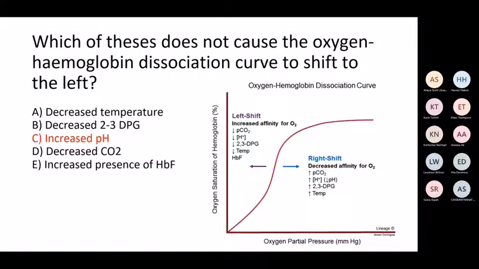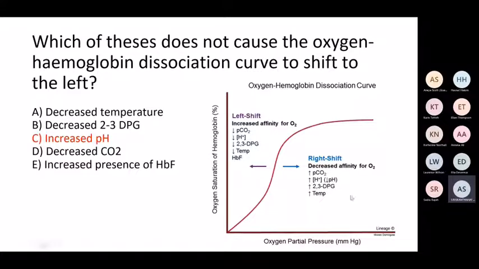So the question's asking what does not cause it to shift to the left. So it means what's causing the right shift. I did this on purpose just to make sure people are reading the questions carefully, because I'm one of those people who doesn't read the question carefully and gets it wrong. So things that cause the left shift are a decrease in temperature, a decrease in 2,3-DPG, a decrease in CO2, and an increased presence of your fetal hemoglobin.